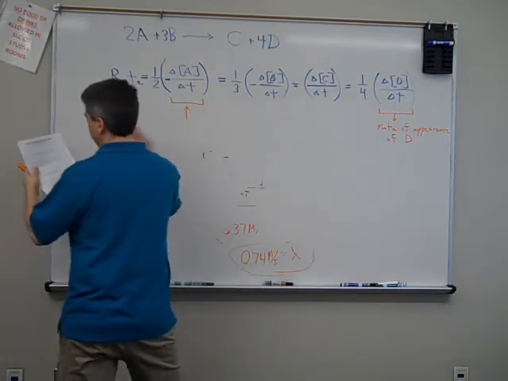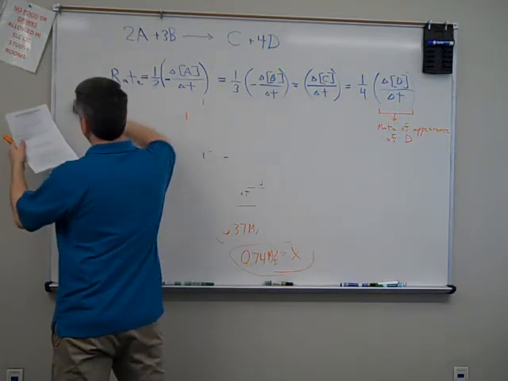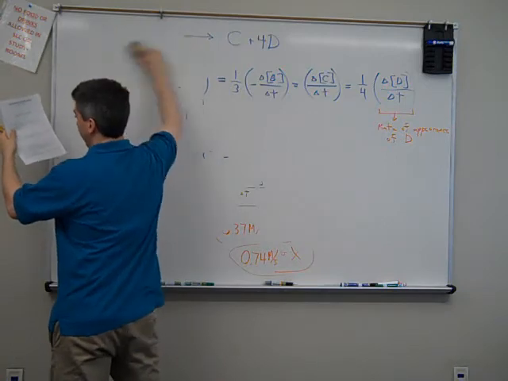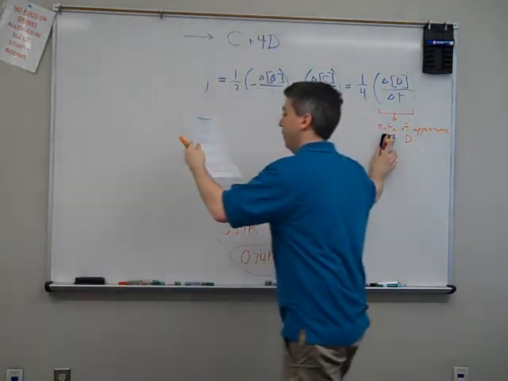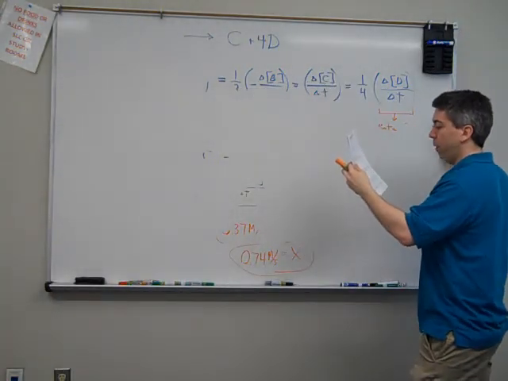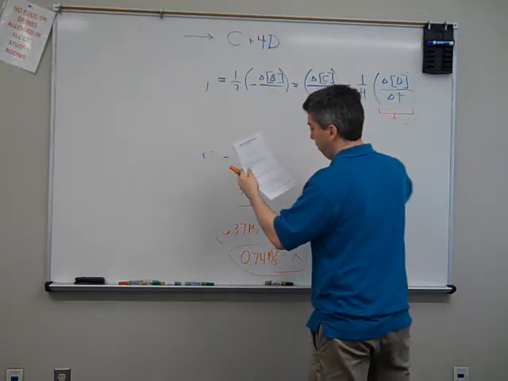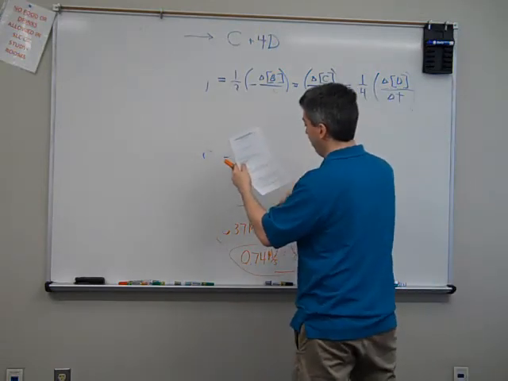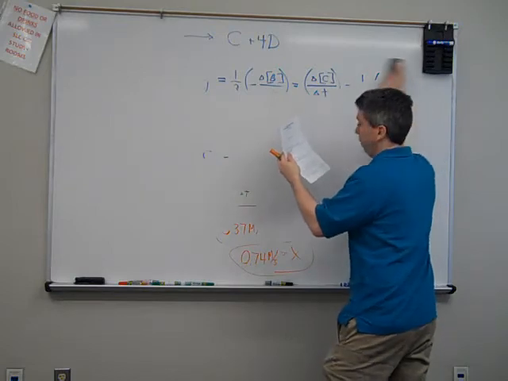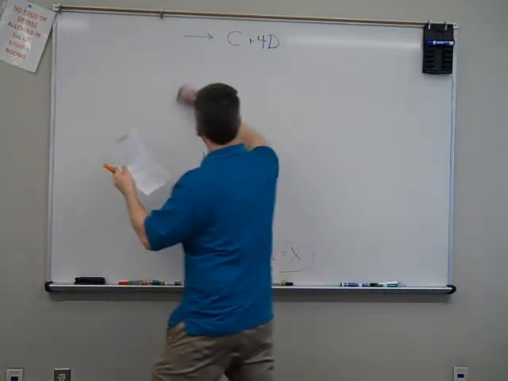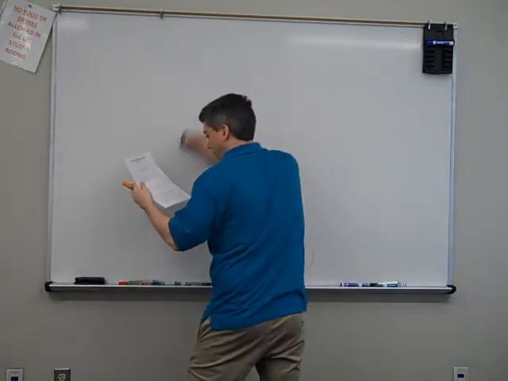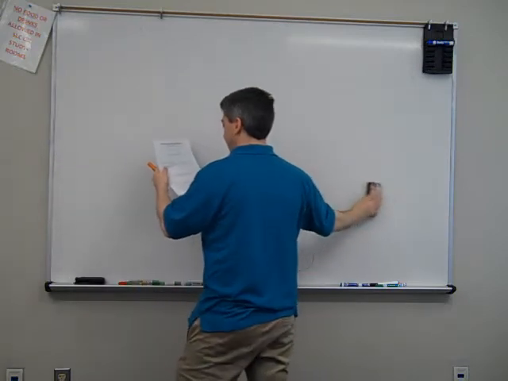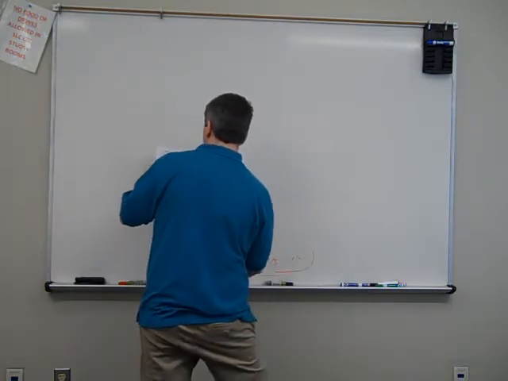It says the reaction between ethyl bromide and hydroxide ion and ethyl alcohol at 330 Kelvin is given as follows. It is first order in ethyl bromide and second order in hydroxide ion. What is the value of the rate constant and what are the units of the rate constant?